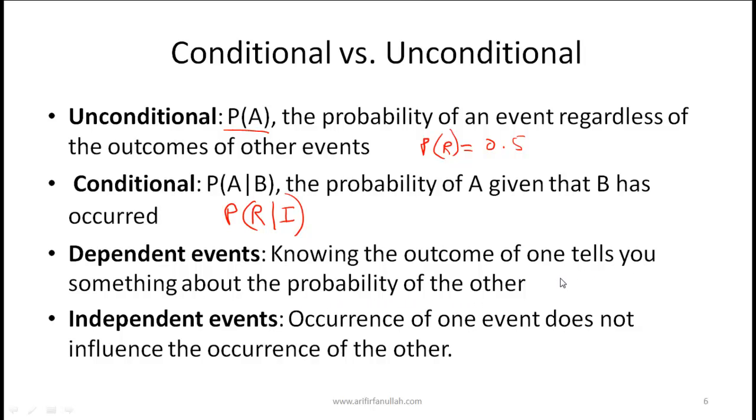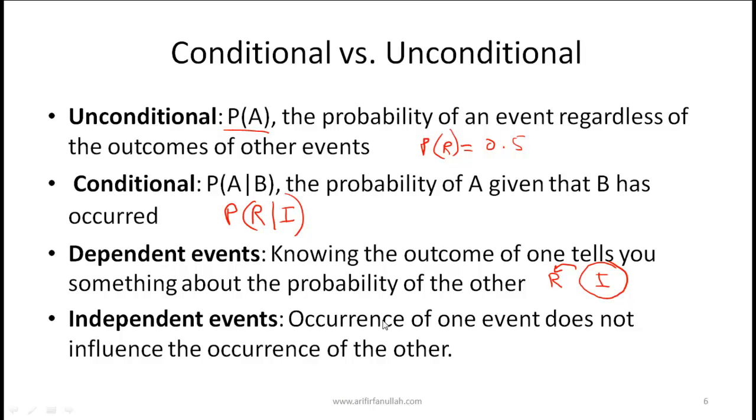So we might say that having a recession and a possible increase in interest rates are dependent on each other, because knowing the probability of an interest rate increase tells you something about the probability of whether or not there will be a recession.